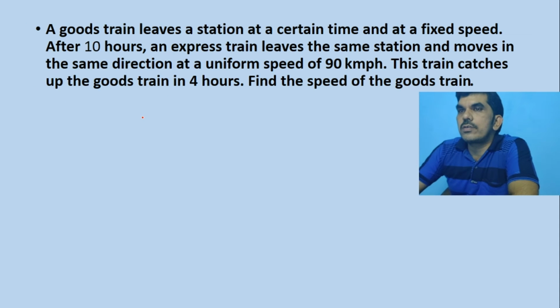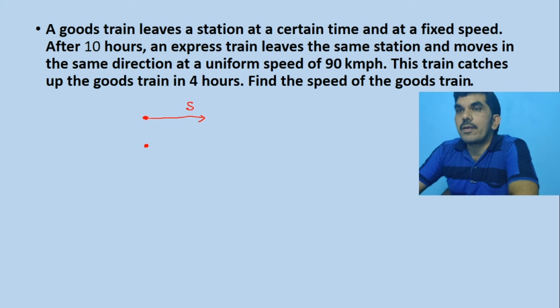Now, here is the point. I'll assume the goods train leaves the station, right? It is running at some speed. Let it be s. Okay. Now, after 10 hours, the express train moves after the goods train.